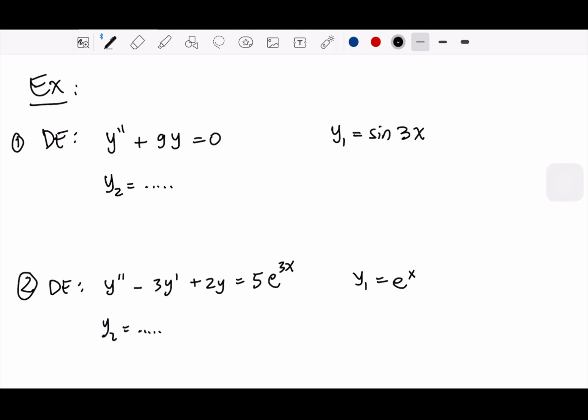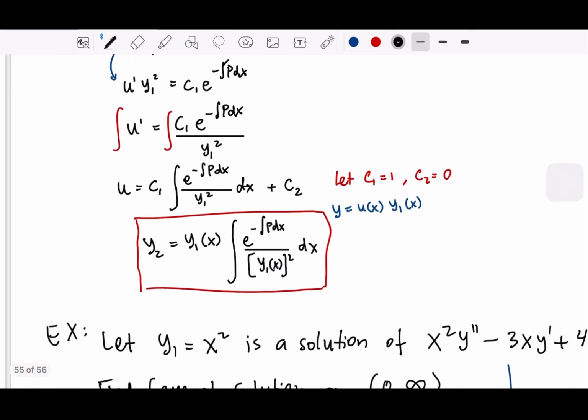You can try. Maybe you can try with this equation first.